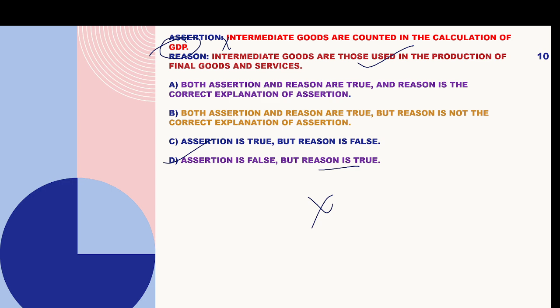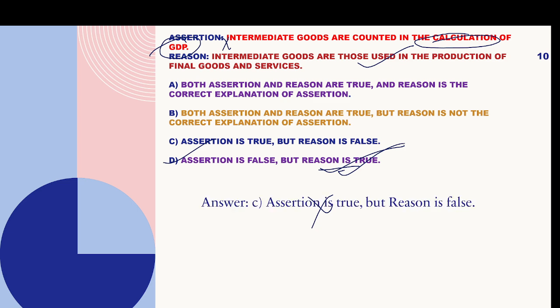Intermediate goods are counted in this calculation? No, not counted. So here assertion is false and reason is true. This is the correct answer. Okay. This is the wrong answer given here.